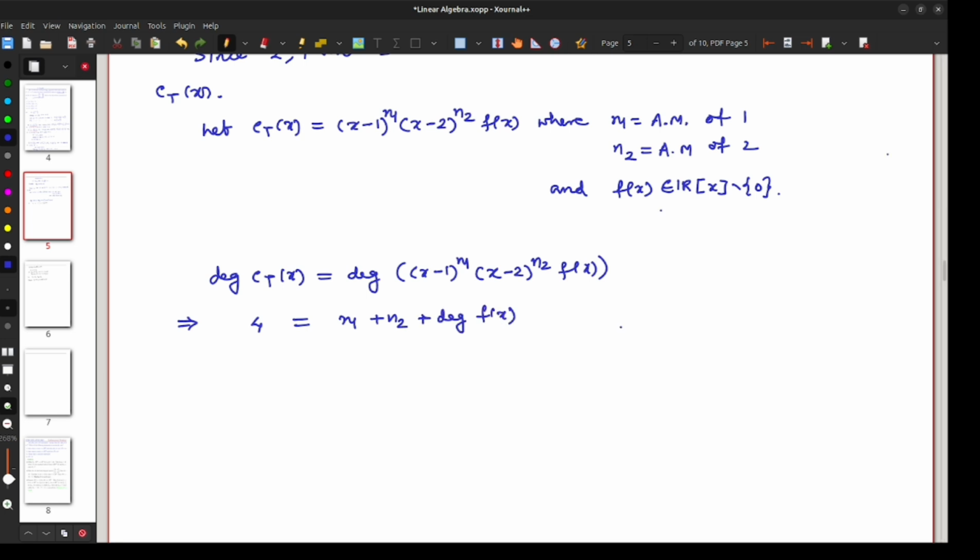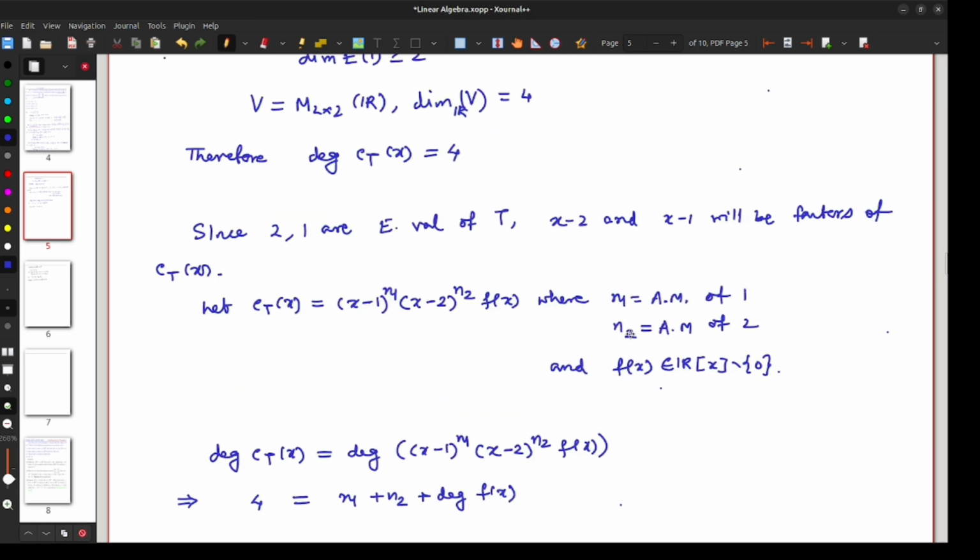We know that the algebraic multiplicity of an eigenvalue is greater or equal to the geometric multiplicity of that eigenvalue. n1 is the algebraic multiplicity of the eigenvalue 1. Therefore, n1 must be greater or equal to the geometric multiplicity of 1, and the geometric multiplicity of 1 is the dimension of the eigenspace of 1.